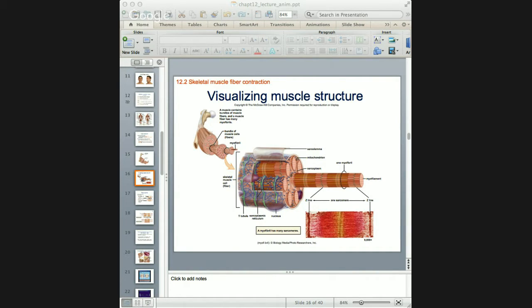And so this is showing you one myofibril, and it gets even smaller. Each myofibril is made up of two types of myofilaments. One is known as actin, and the other is known as myosin. So actin and myosin are the two myofilaments.